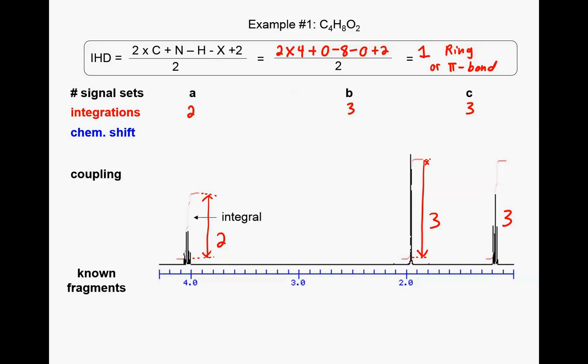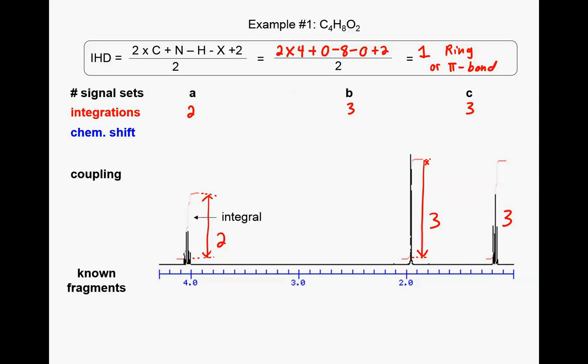But back in the old days before the computers, what you would do is literally measure the distance from the bottom to the top of the red line, and then measure it over here, and you're going to end up with something in millimeters, but ultimately you just want to convert that all to whole numbers, like 2, 3, and 3. Yeah. Okay, so we've got integrations for all of our peaks.